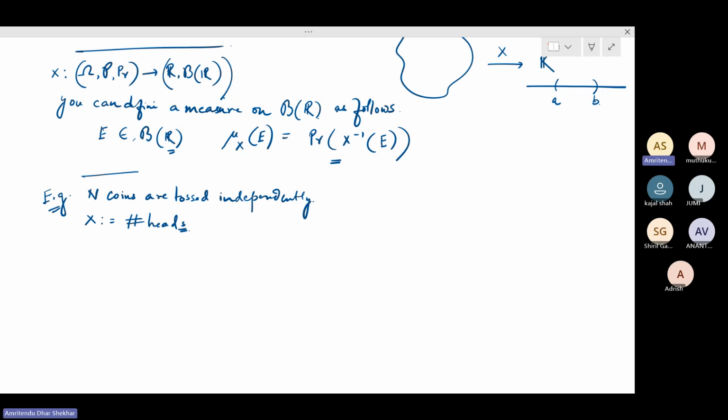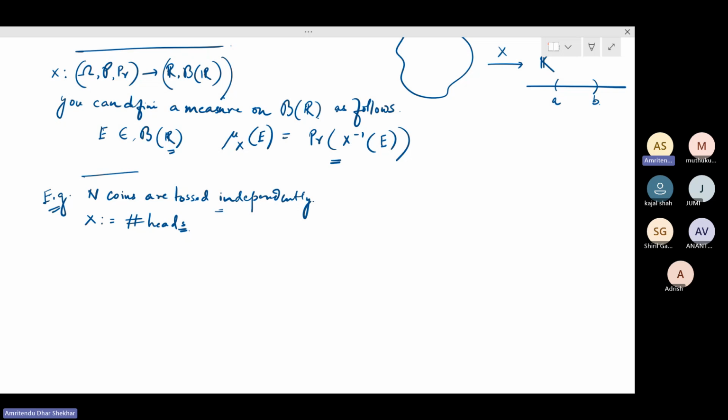So if n coins are tossed independently, what is the underlying probability space?